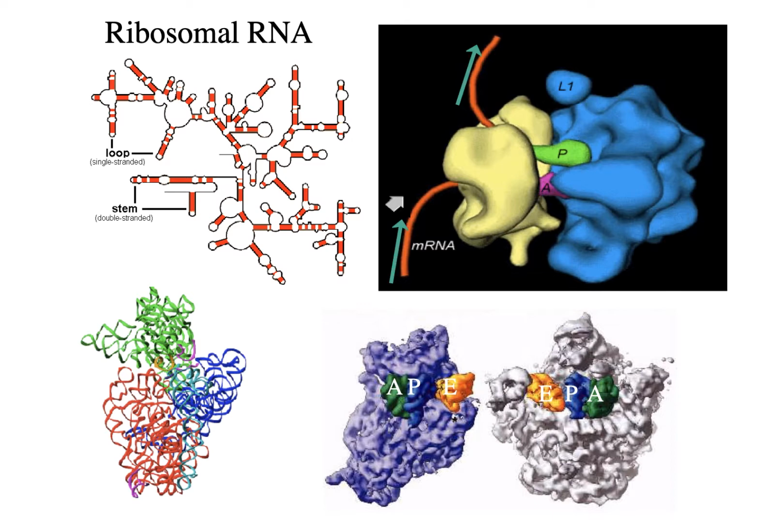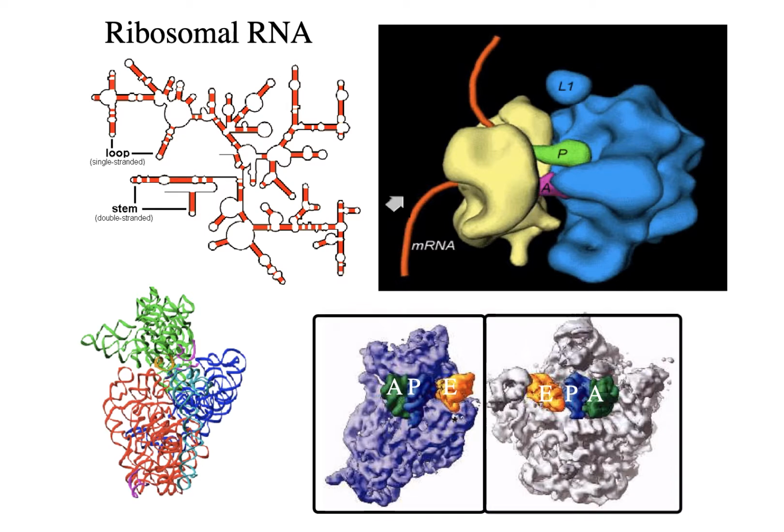And here's how the RNA is threaded through the small subunit, which then attaches codon by codon to the anticodons of the tRNAs. And here, this is the small subunit and the large subunit, showing the faces that attach to one another. So this is sort of like taking a cookie and breaking it apart and looking at the inside.